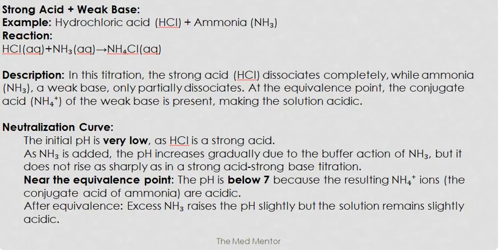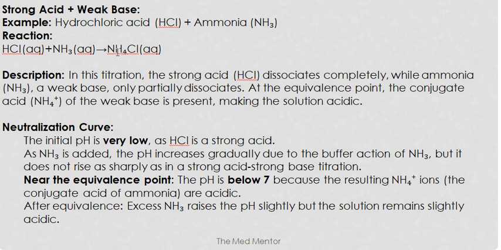Then next, strong acid and weak base. Can anyone guess where the neutralization curve is? Right, below 7, because here is a strong acid and a weak base. Then hydrochloric acid and ammonia, the reaction HCl plus NH3, obviously forming ammonium chloride.